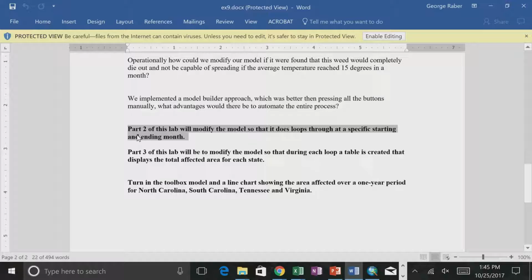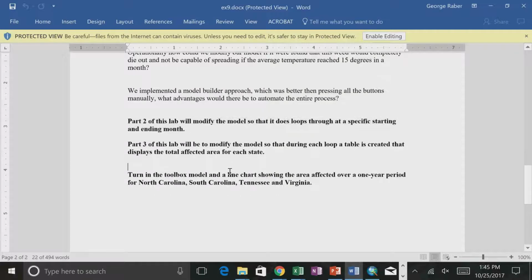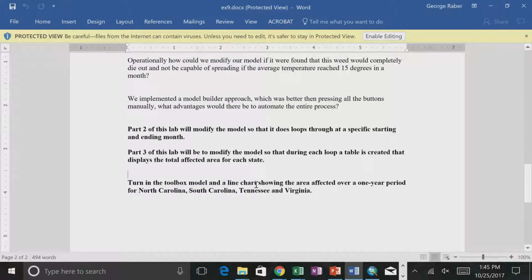Part 2 of the lab will modify the model so that it does loops to a specific part. Part 3 of this lab will be to modify the model so that during each loop a table is created that displays the total affected area for each state. So, think about that for a minute, okay?